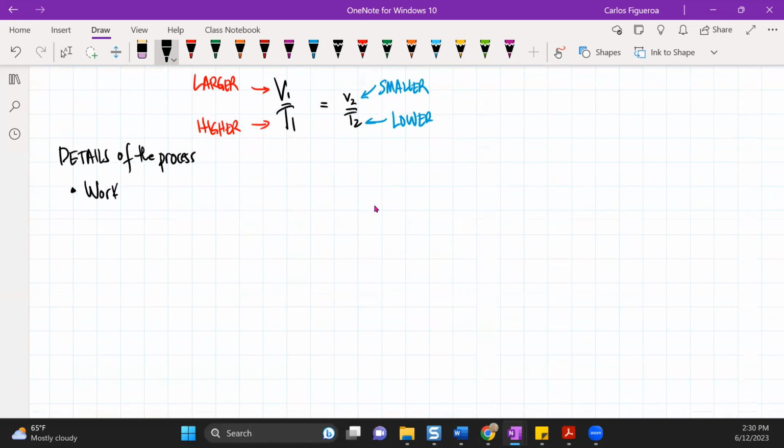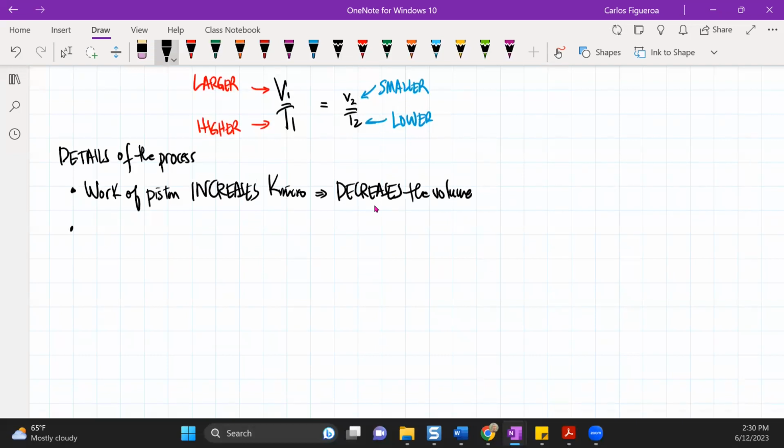The work of the piston increases K micro. And we can see that with the bigger volume, higher temperature. And as a consequence, this decreases the volume.